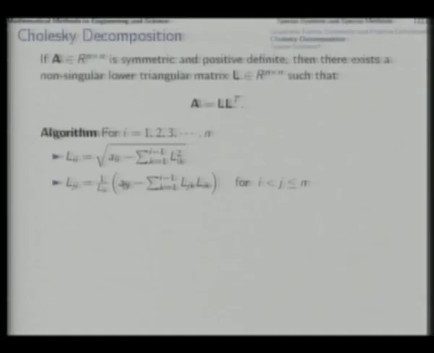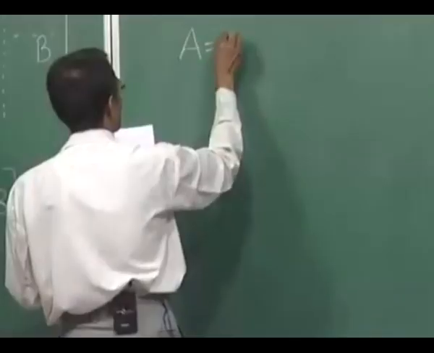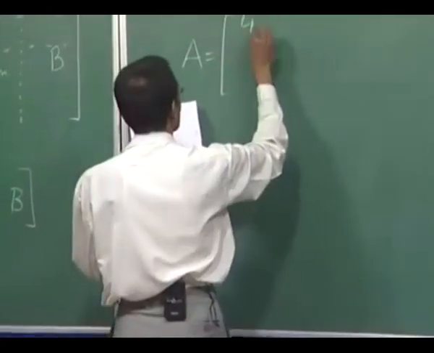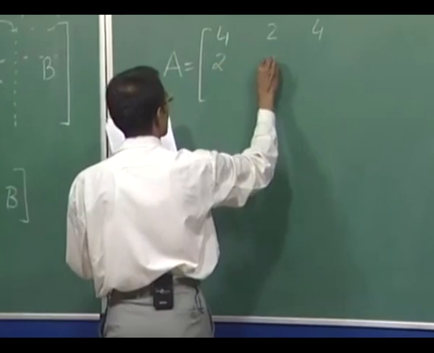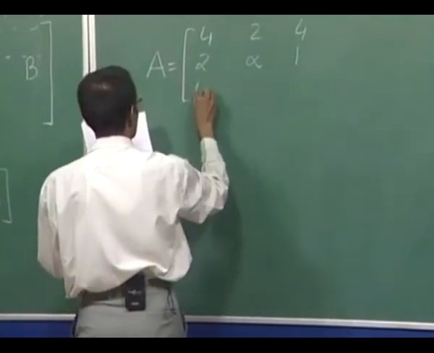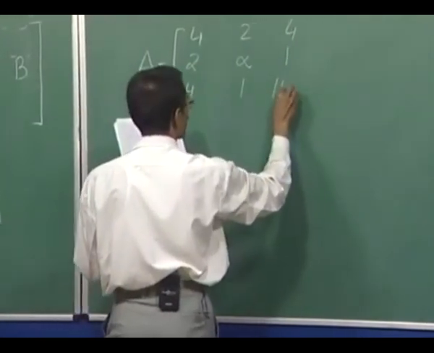Currently, we try to see this through an example, in which we also see why the matrix should be positive definite. Suppose the matrix A has these entries: 4, 2, 4, 2, alpha, 1, 4, 1, 14.